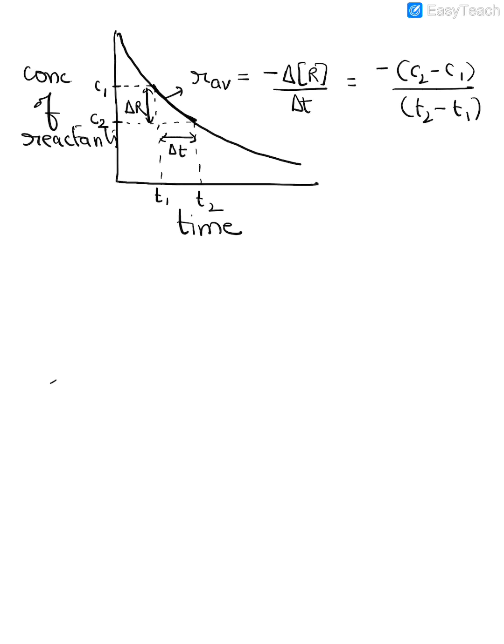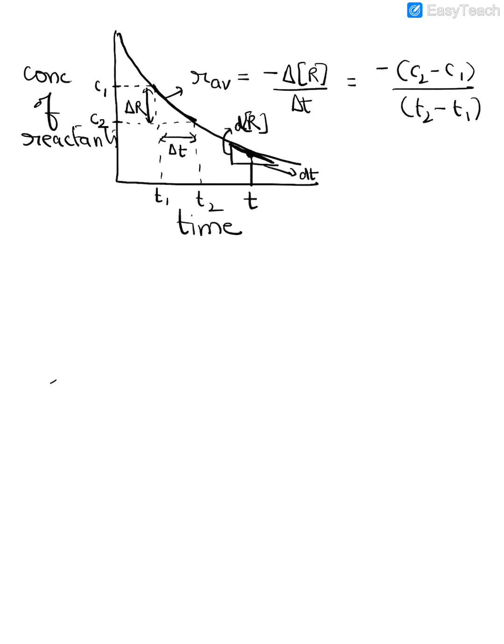Now, in this graph only, if we want to express the instantaneous rate of the reaction, then we have to consider a particular time t, right? We'll draw a tangent here and enclose it in the form of a triangle. This is dr. This is dt.